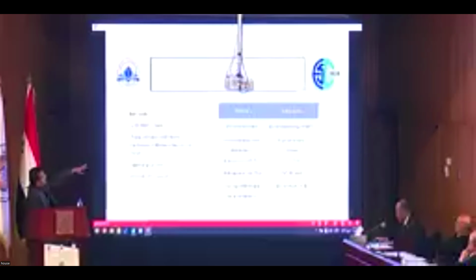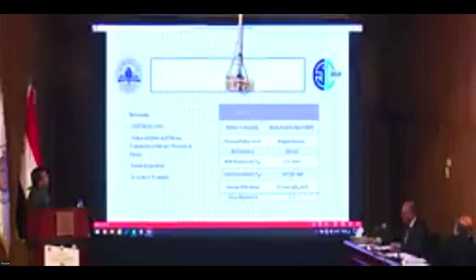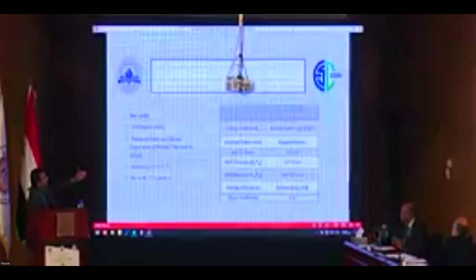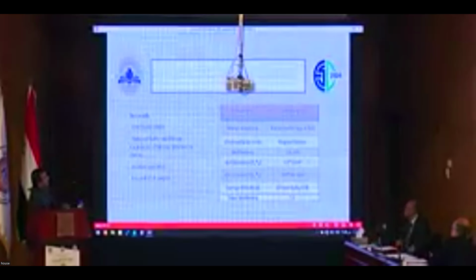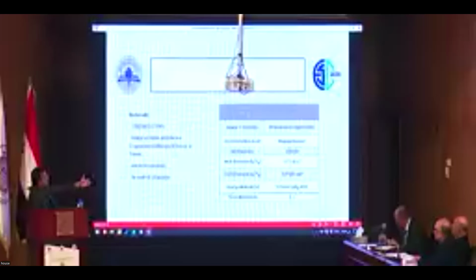The observed failure mode was only diagonal tension. Wall thickness was 30 centimeters, wall dimensions were 1.5 by 1 meter, and the unit overlap of blocks was 12 centimeters. The slenderness of this shear wall was 1.5.